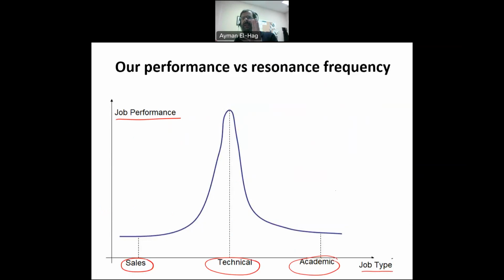You will excel, you will have passion, you will love coming to work, you will be creative, you will enjoy what you are doing. However, if you try to do something else, for example sales, your performance will be highly attenuated because that's not your resonance frequency.